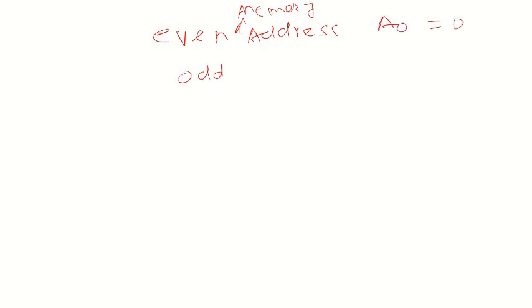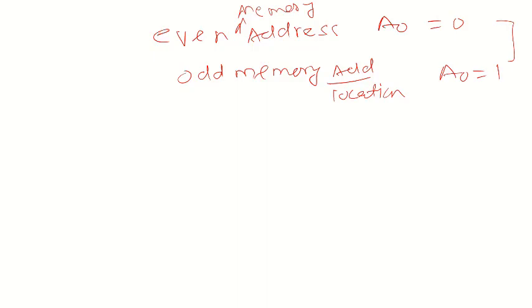So for even memory address, A0 is 0, and for odd memory location, address or location, A0 will be 1. Okay, clear?